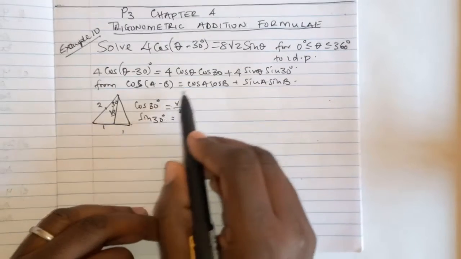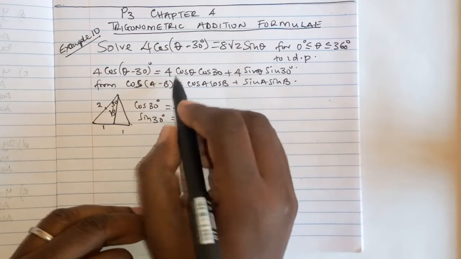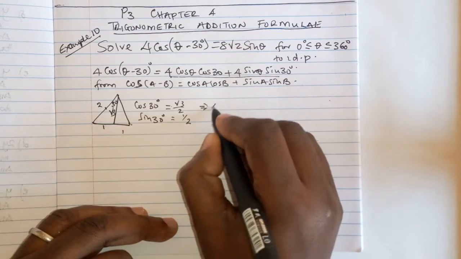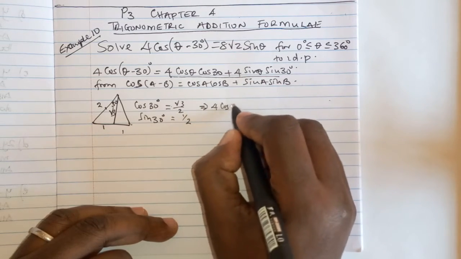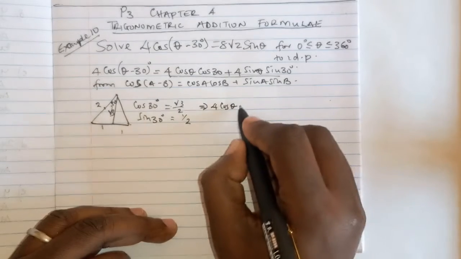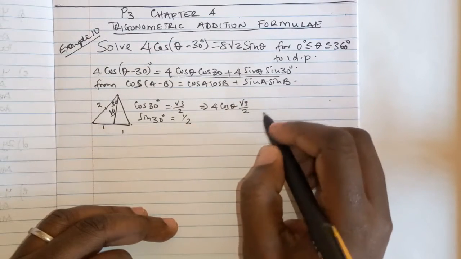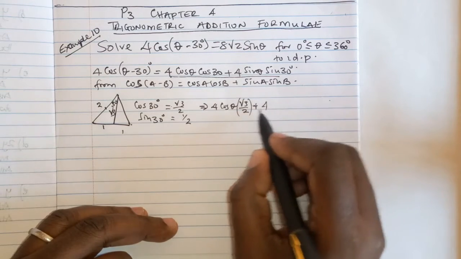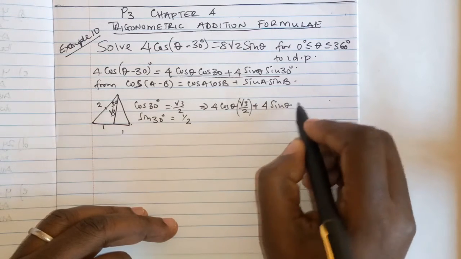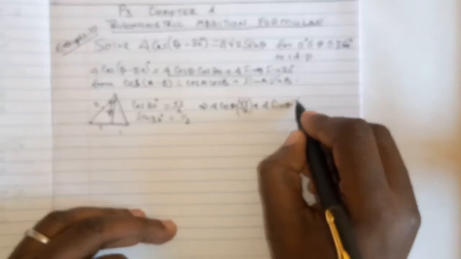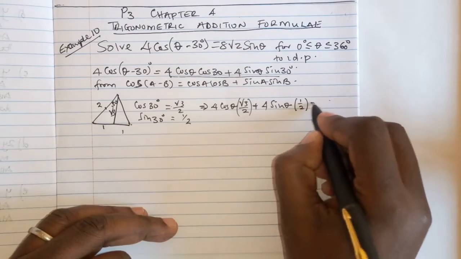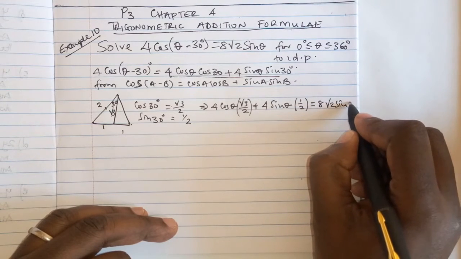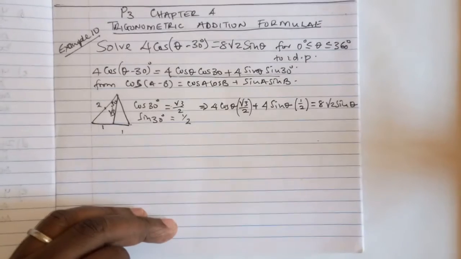So basically this equation is reduced to 4 cos theta multiplied by cos 30, which is root 3 over 2, plus 4 sine theta multiplied by sine 30, which is a half, equals 8 root 2 sine theta.